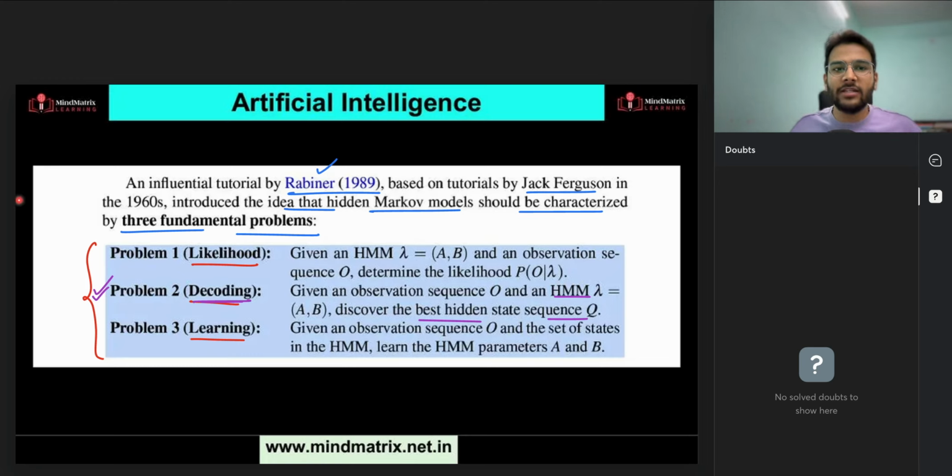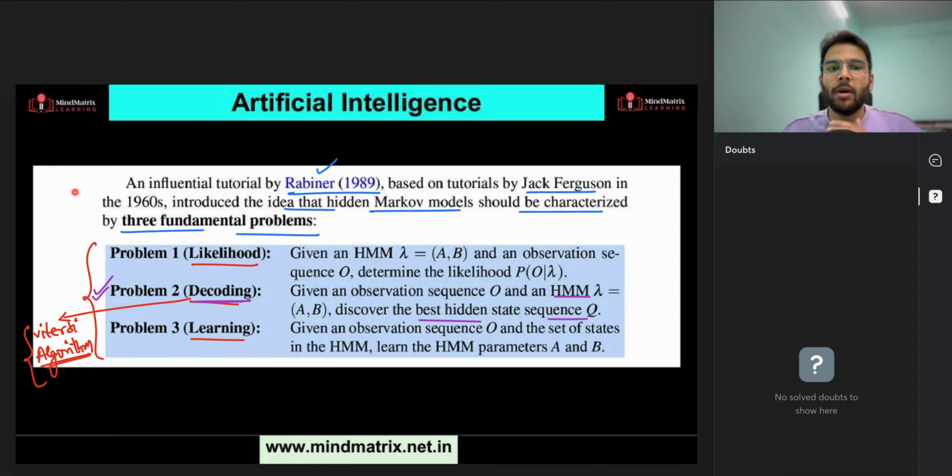And how are we handling this decoding problem? We are handling it using the Viterbi algorithm. Is this clear? Now things are making sense. Yes or no, everyone? If you have any doubt, please ask.